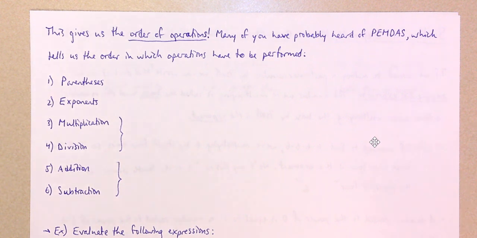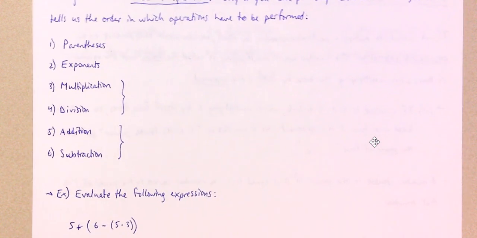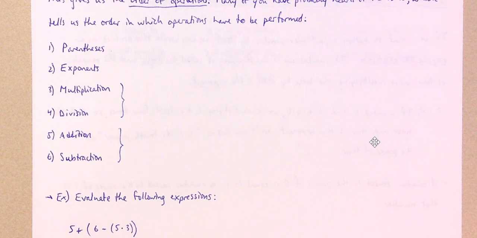Once you've dealt with all of the exponents, you have multiplication and division, and those things happen within the same step. Those two operations happen at the same time. Once any division or multiplication has been done, we move on to the last combination of steps, addition and subtraction. Again, those get done in the same step as well.